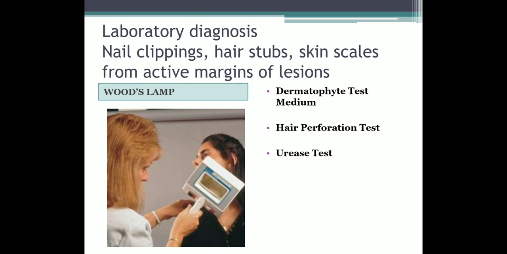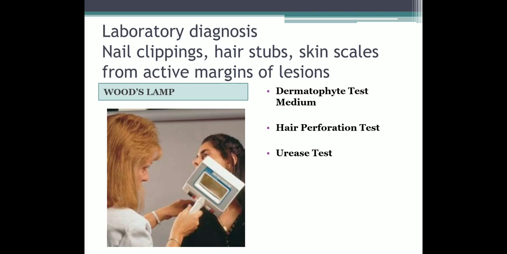The fluorescence is mainly because of the presence of pigmentation in the cell wall of the dermatophytes. Wood's lamp is just an OP based examination. You can also do various laboratory diagnostic procedures, for which we need to collect samples: hair, skin and nail.